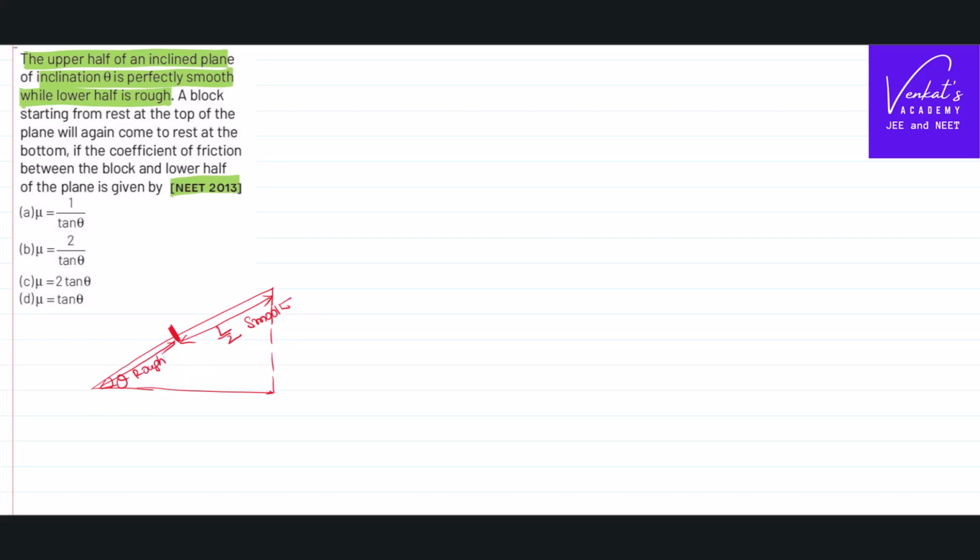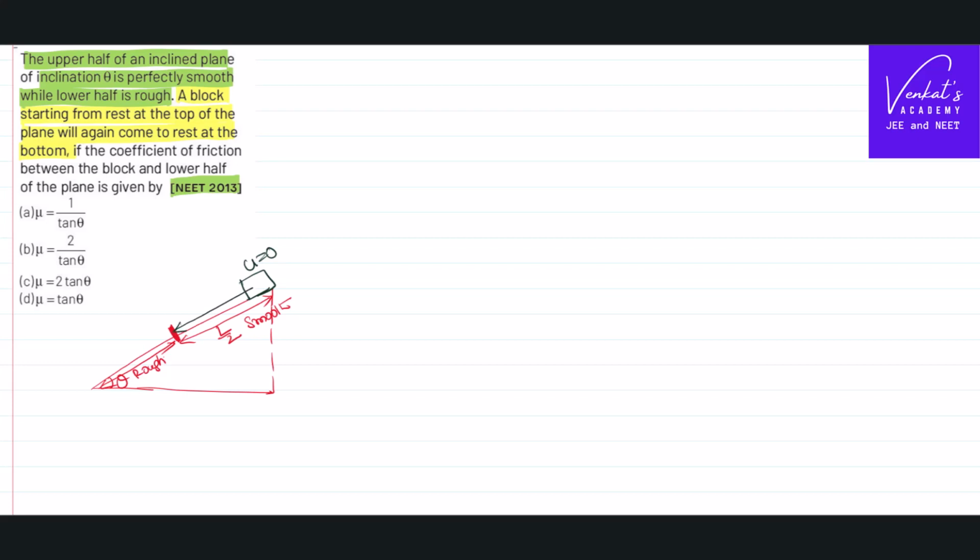A block starting from rest at the top of the plane will again come to rest at the bottom. So what he is saying is, a block is started here, its initial velocity is 0.